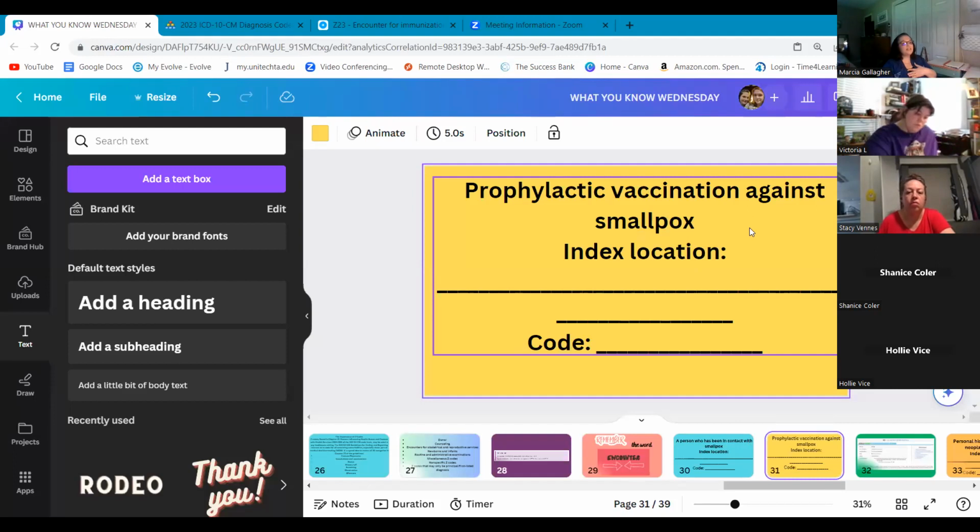Prophylactic vaccination against smallpox. You can do that on your ICD-10 data that's on the computer, or you can use your cell phone. Who is having trouble spelling prophylactic?